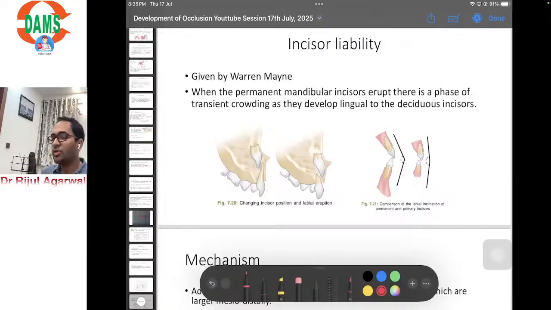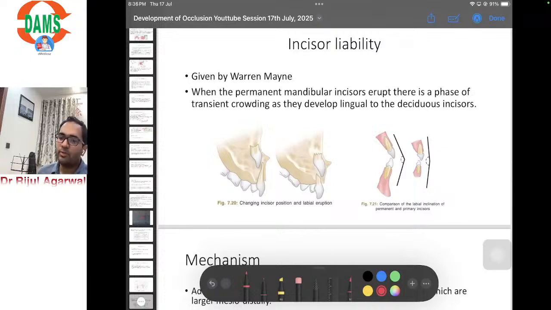Another MCQ: a mother reports to your orthodontic clinic with a child of this age, with the condition of crowding at the stage when the lower incisors are erupting. On examination, you observe that the permanent lower incisors are in the stages of eruption, and the primary teeth are in the stage of exfoliation.